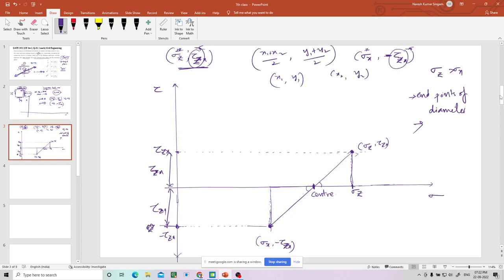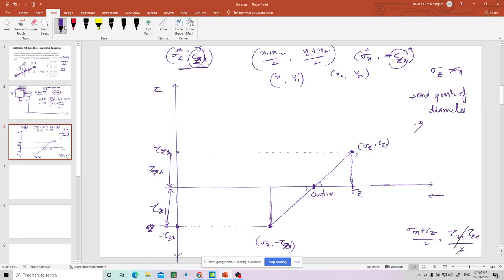Here the midpoint will be sigma x plus sigma z by 2 comma tau zx plus minus tau zx by 2.